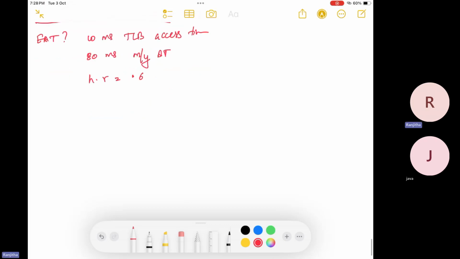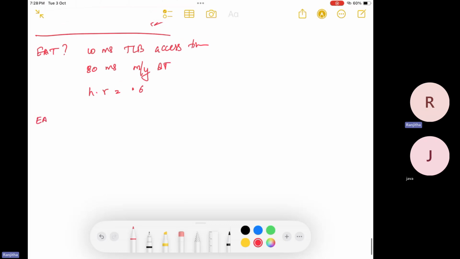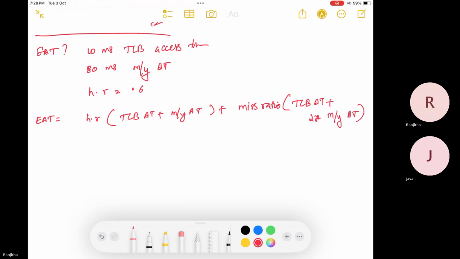0.6. So the formula is effective access time equal to hit ratio into (TLB access time plus memory access time) plus miss ratio into (TLB access time plus 2 into memory access time). So here hit ratio is 0.6, so miss ratio equals 1 minus hit ratio, which is 1 minus 0.6, which is 0.4.